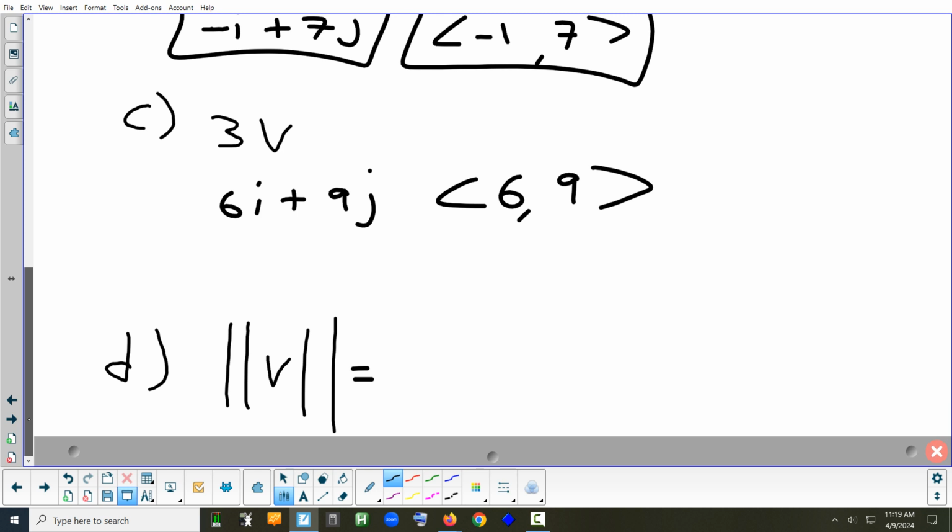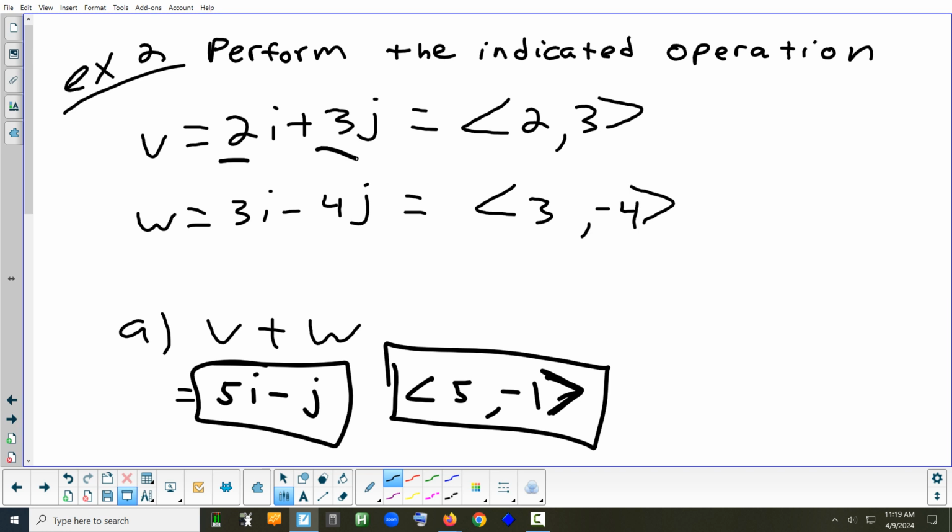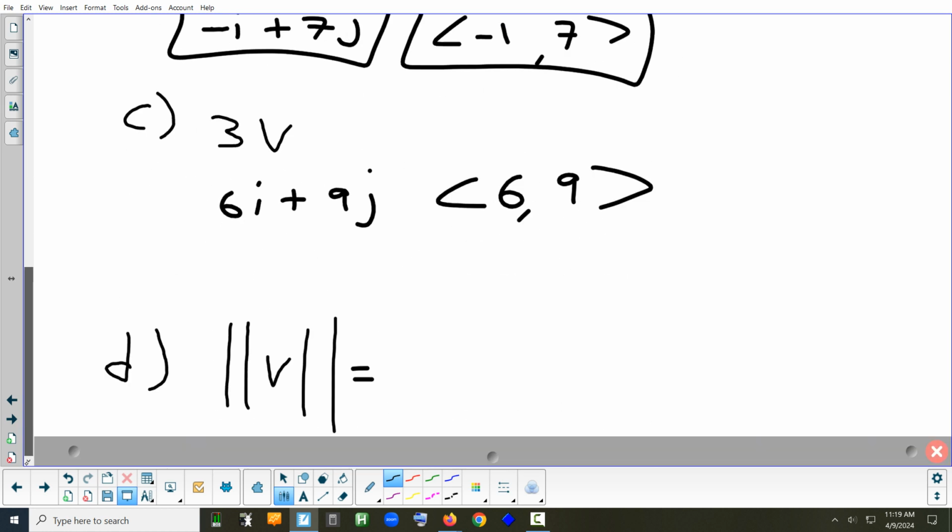Not for vector v, no. Yep. The square root of 2 squared plus 3 squared. Yep. You were doing the magnitude of 3v. Yeah. So magnitude of v, 2 squared plus 3 squared.